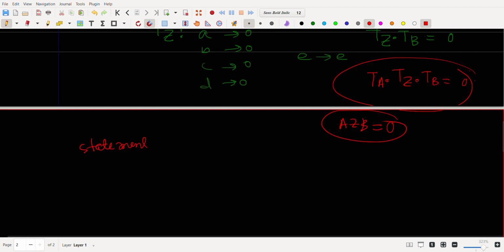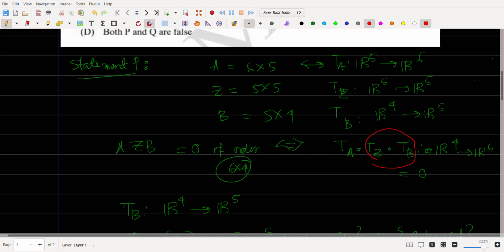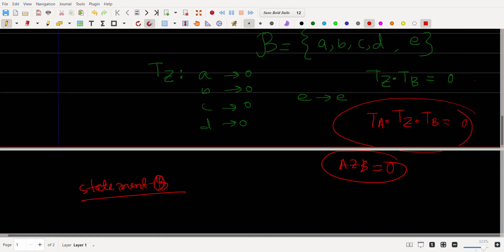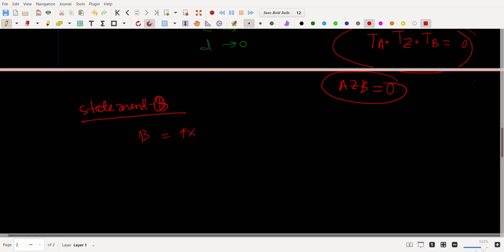Okay, so statement Q. The statement Q is saying that BYA is a 5 cross 5 matrix, right?